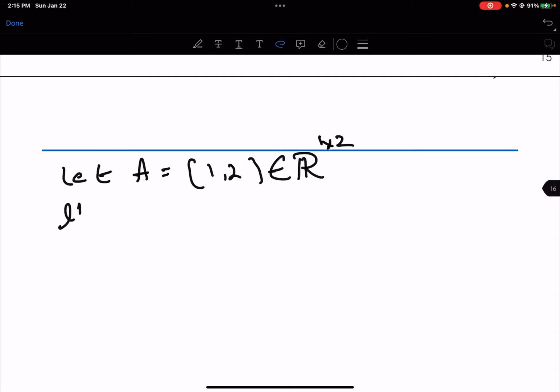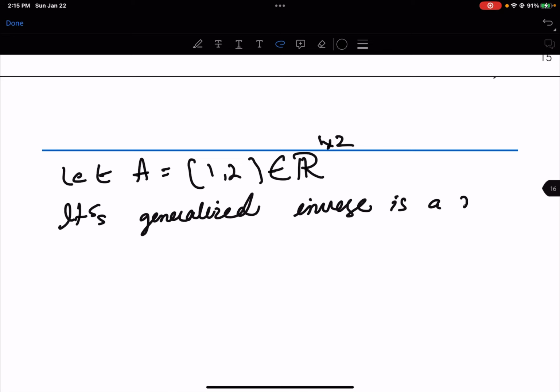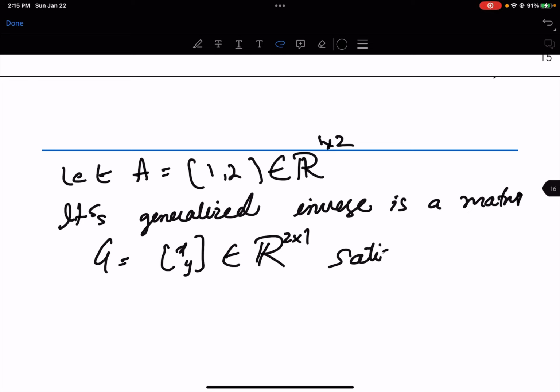Its generalized inverse is a matrix G, x y, of size 2 cross 1, which satisfies A G A equal to A. So we can represent this as matrix A we have here.